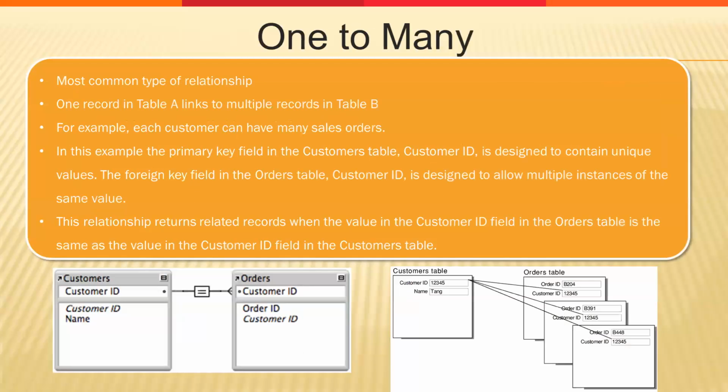The next one is one-to-many. Here you can see the table. One-to-many, by the name itself, means one record in the first table is related to many line items in the other table. Here you can see a customer table and an order table. For example, we have an Amazon account. We have only one Amazon account, correct?